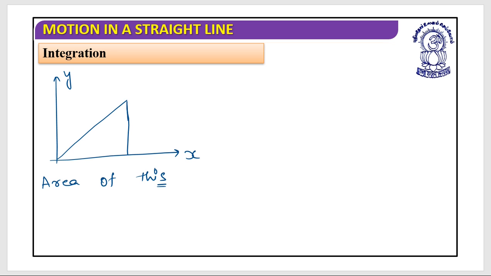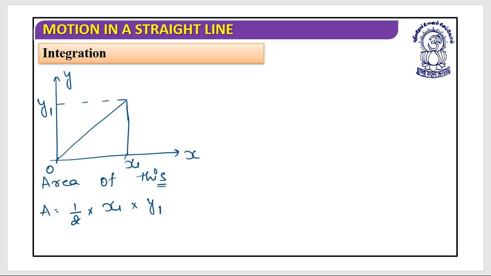Then probably your answer would be, sir, this is very easy. Let's say this is x1 and this represents y1. If I need to find the area of a triangle, I can easily write it as 1 by 2 multiplied by base multiplied by height. So it's half into x1 into y1.